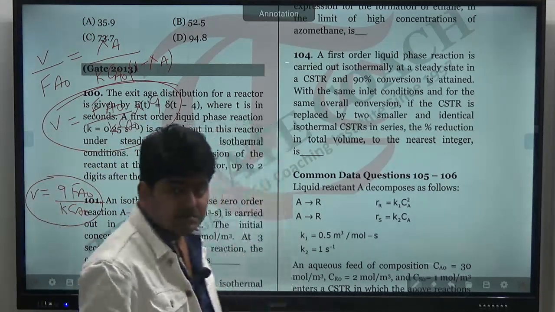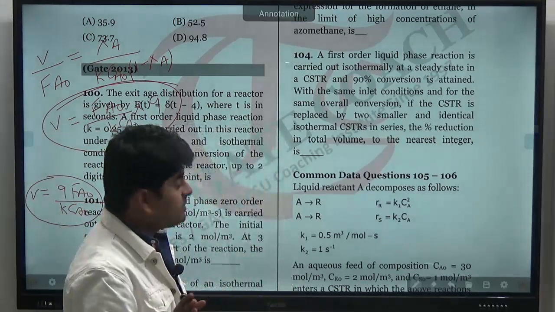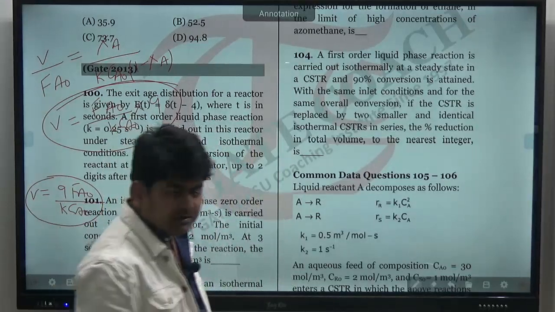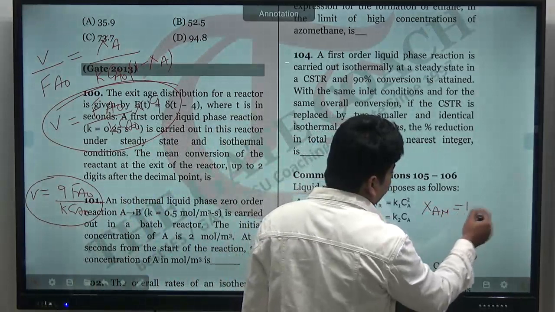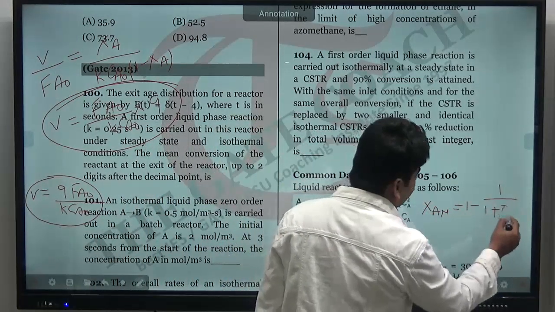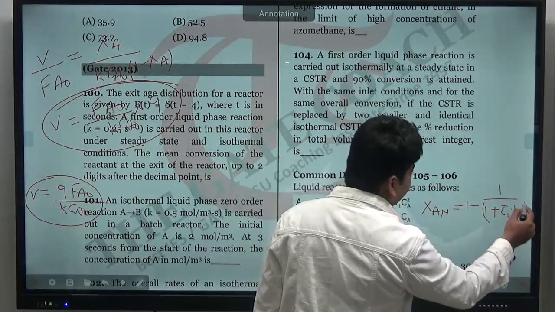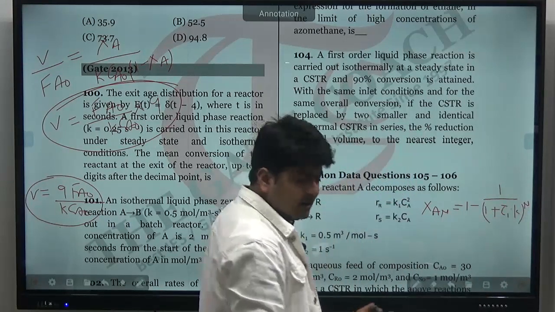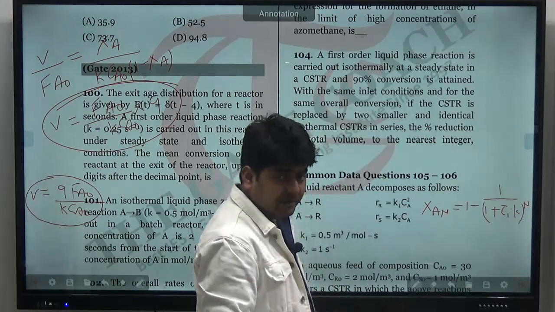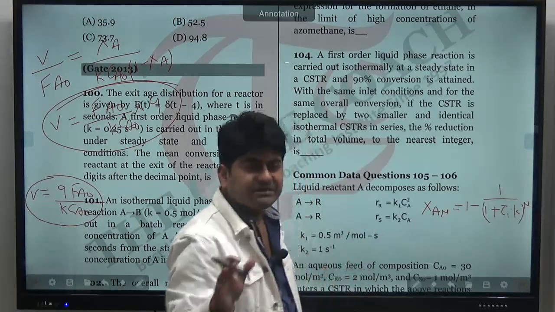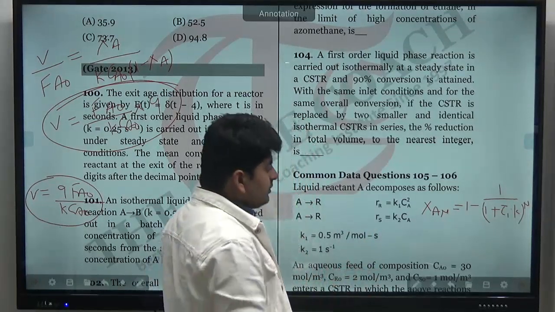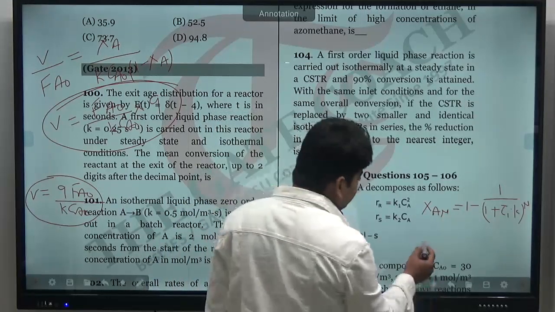When we have two MFRs in series and those are identical, we know that for a first order reaction in MFRs in series, we can use that equation: XAn is equal to 1 minus 1 upon (1 plus tau_i k) power n. Okay, when we have identical MFRs and the same temperature, because they haven't mentioned anything about the temperature, we will consider it isothermal.